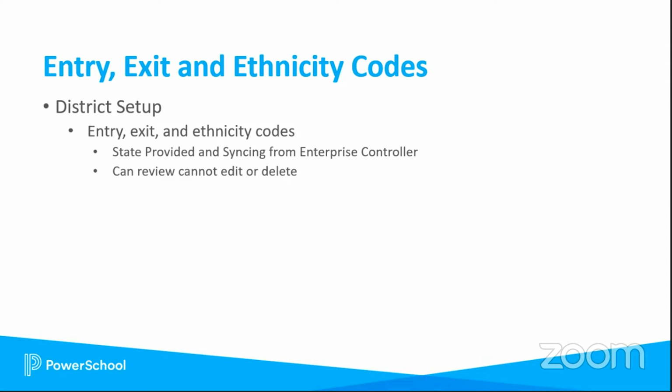It syncs on the hour, every hour from 9 a.m. to 11 p.m. And that's how the entry exit codes and a lot of the codes work within Alabama. And you can review that setup within PowerSchool, but you can't edit or delete any of that setup.